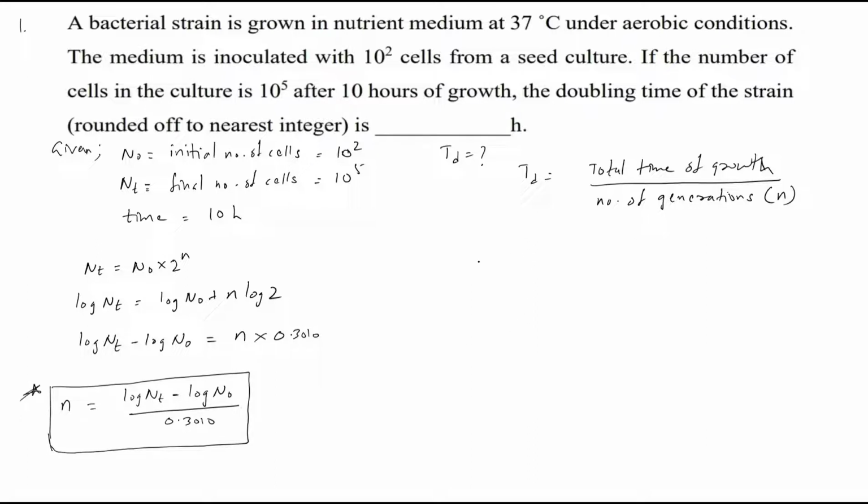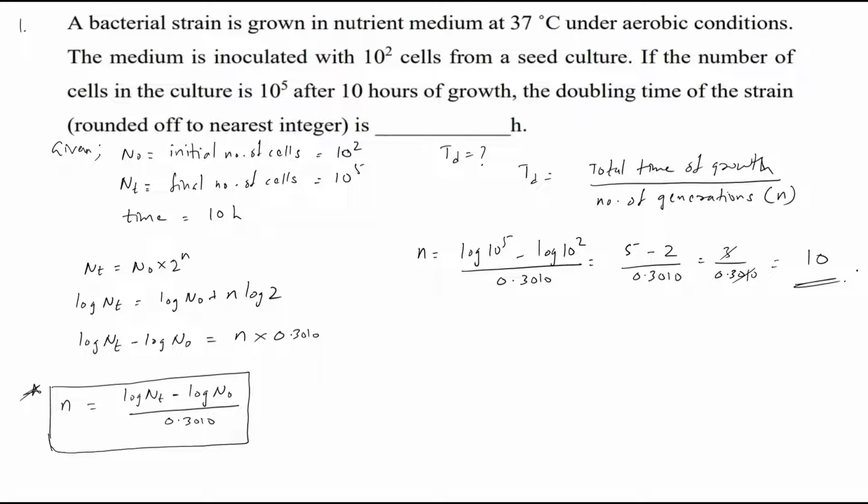So we will put the values in the equation. Log Nt value is log 10 to the power 5, which is 5, and log N naught value is log 10 to the power 2, which is 2, upon 0.3010. So it is 3 upon 0.3010, which comes to 10.